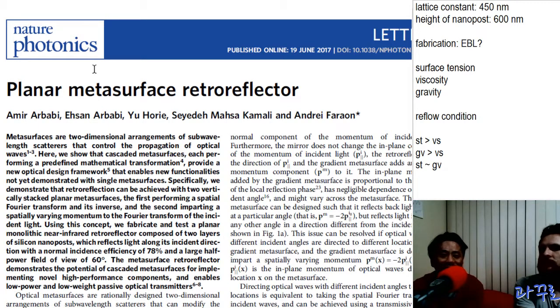I think basically the retroreflector would introduce one more flip, or a flip in another direction. Yeah, it's really interesting.